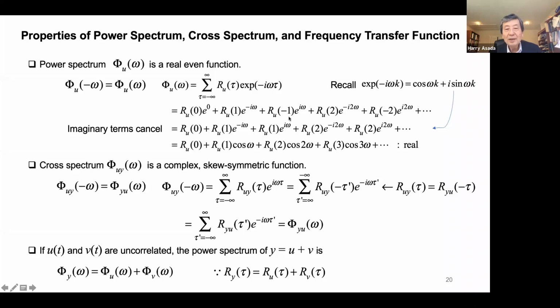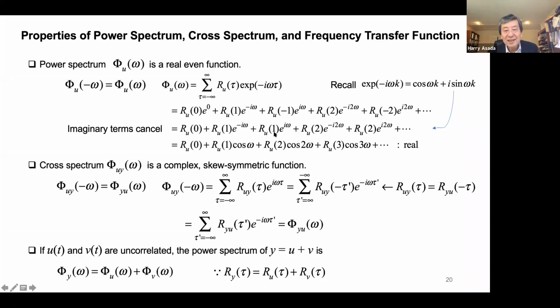Because the autocorrelation is by definition symmetric, R_u(1) equals R_u(-1). The definition of R_u is basically u(t) and u(t plus tau). If you swap u(t) and u(t plus tau), you get the same result, so they are symmetric. So these two are the same, and I just replace this one this way.